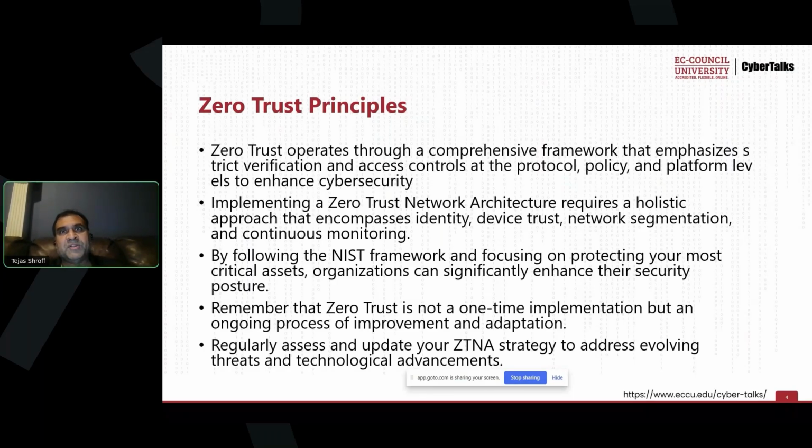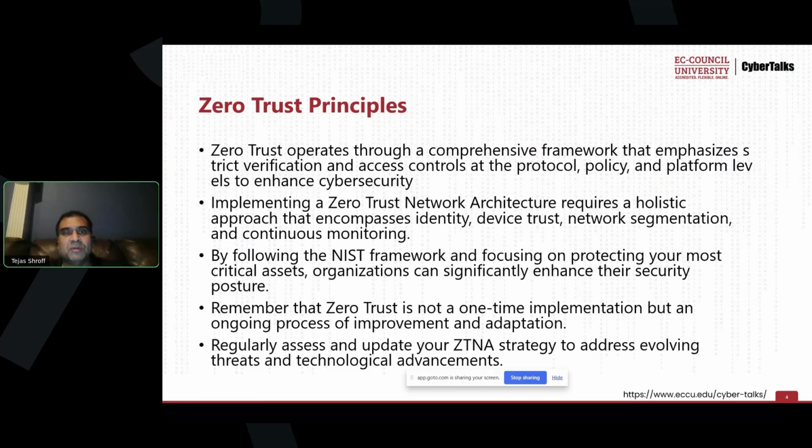And you need to ensure that continuous monitoring has been put in place so that you are building a zero trust architecture by design. You don't go in and then try to add patches, try to add things which will make the architecture zero trust. It has to follow a holistic approach.